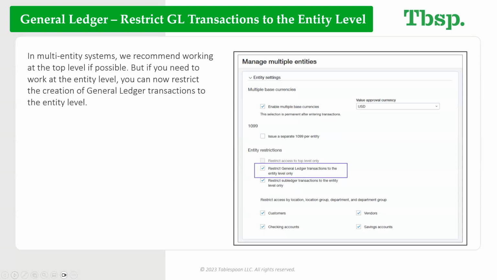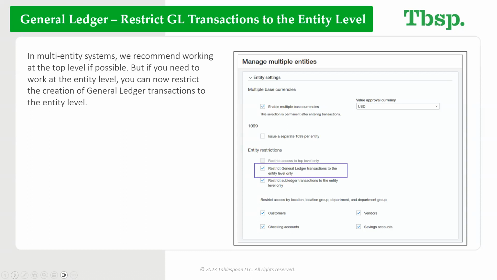Another feature that Intacct has rolled out in this release is the ability to restrict GL transactions to the entity level. In a lot of cases, there are justifications for entering transactions at the top level, but there are scenarios where you want to make sure that transactions that should be relegated to the entity level stay there.